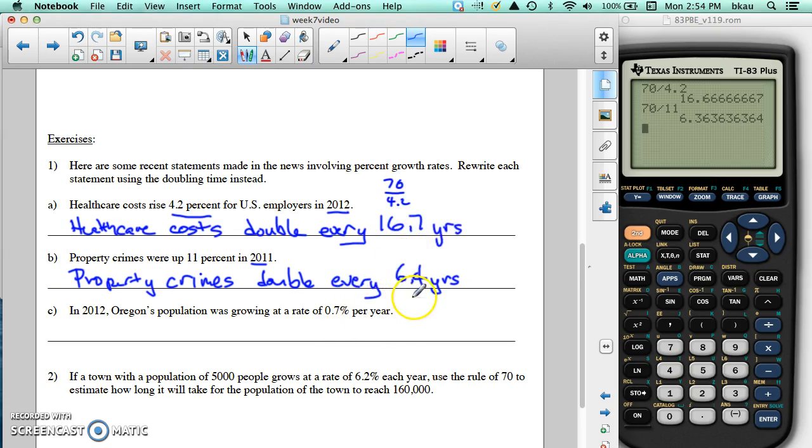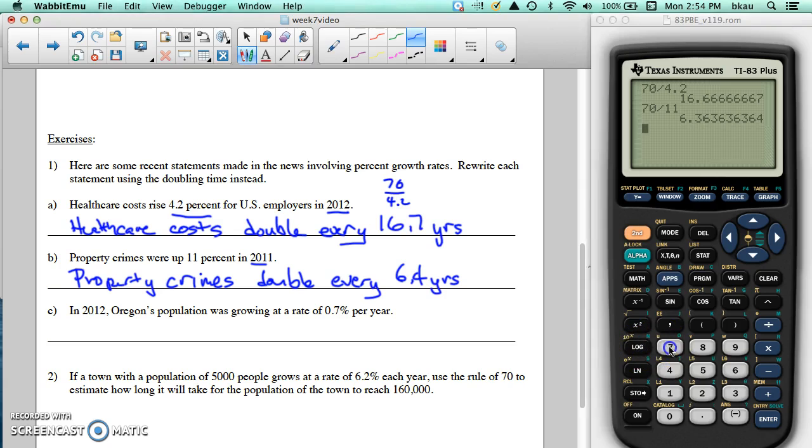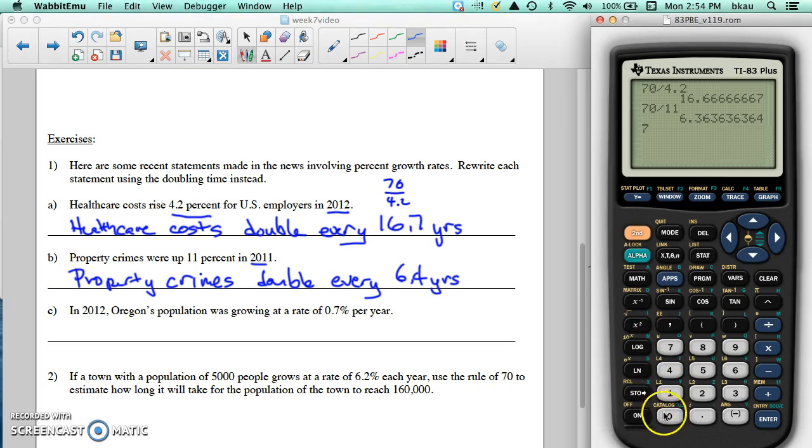Now on this one we're going to take 70 divided by 0.7. I should know what this one is right away, we should get 100. So we're going to say it doubles every 100 years.